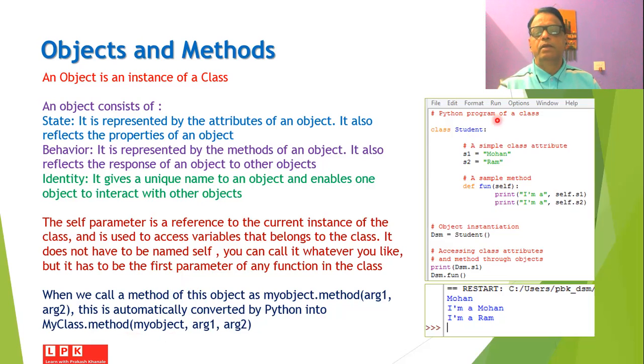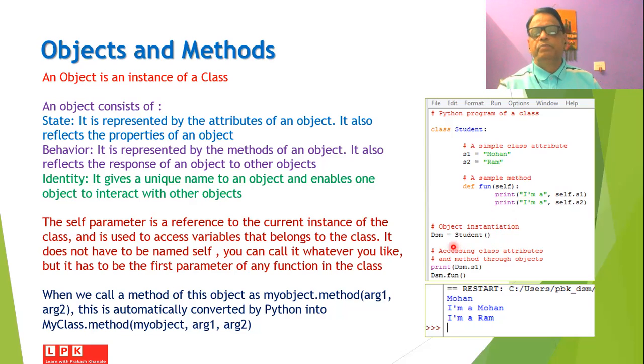For example, suppose I write a small Python program consisting of a class Student, where s1 is an attribute having the value Mohan, s2 is another string attribute having the value Ram, and fun is a method that prints self.s1 and self.s2. So self is a parameter which has to be used whenever you access the attributes of the class.